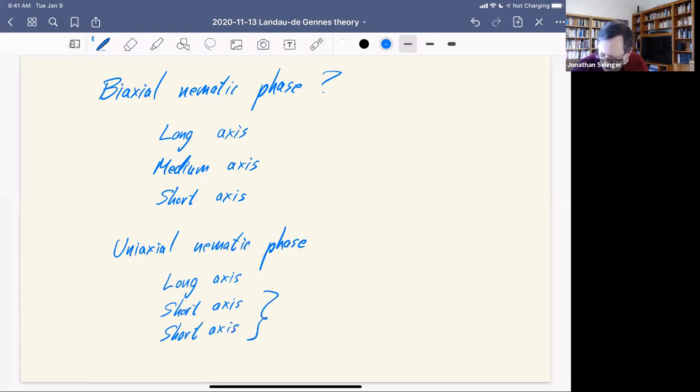And these two are the same as each other. All right, so those are my general comments about the Q tensor.